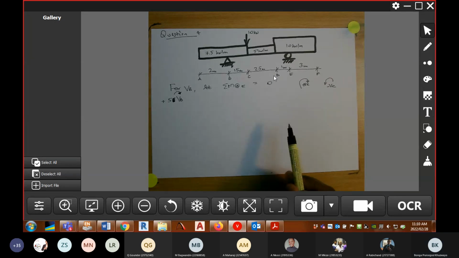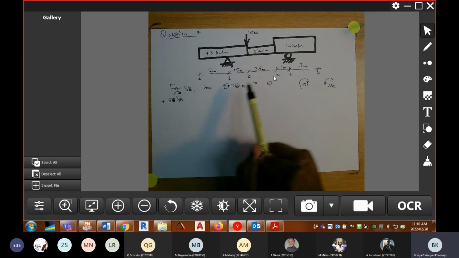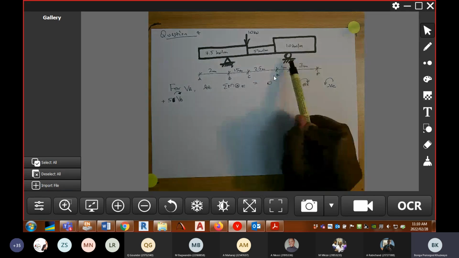And then you need to ask yourself this question: do we have any other load that is causing clockwise rotation about node E?